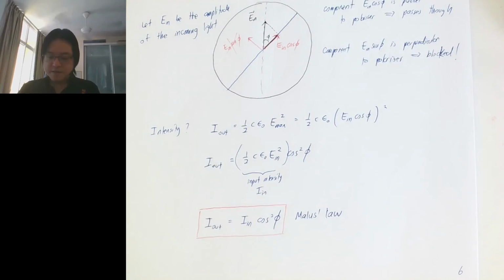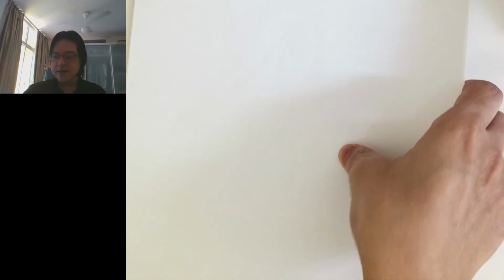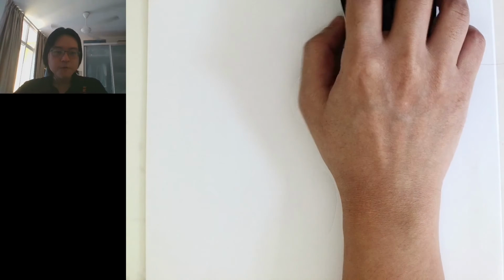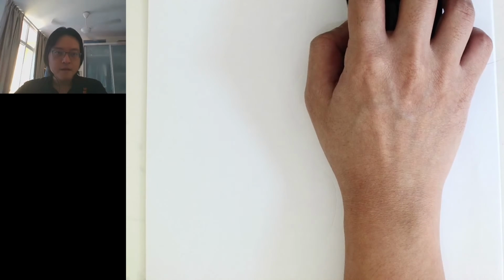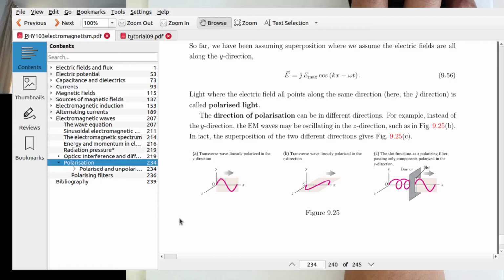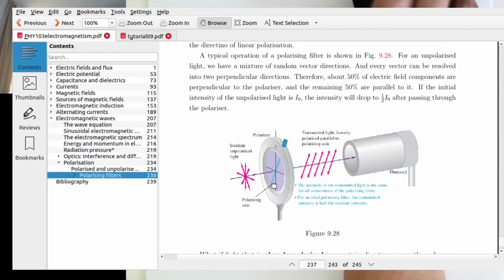Now we know what happens no matter what kind of light comes into the polarizer, whether it's polarized or unpolarized. So let's see how it works in an example. Let's go to 9.7.1.